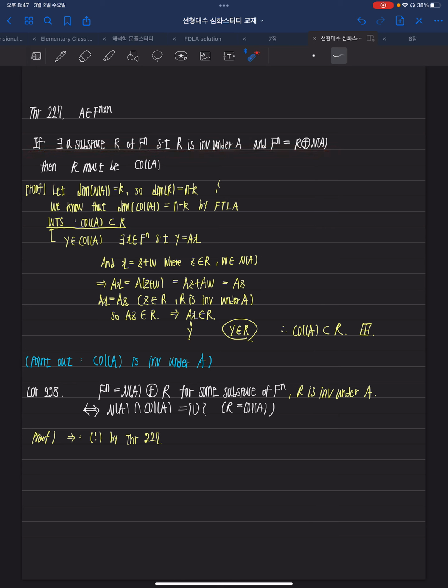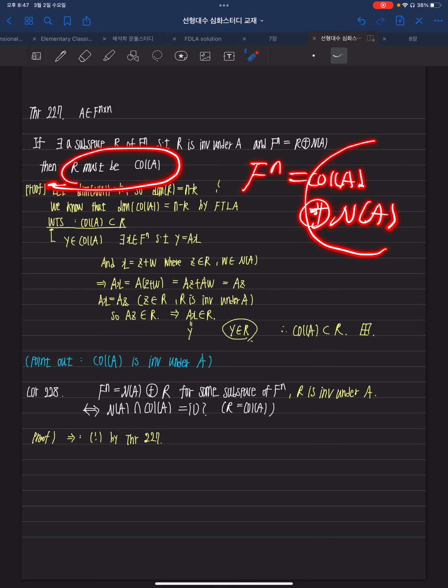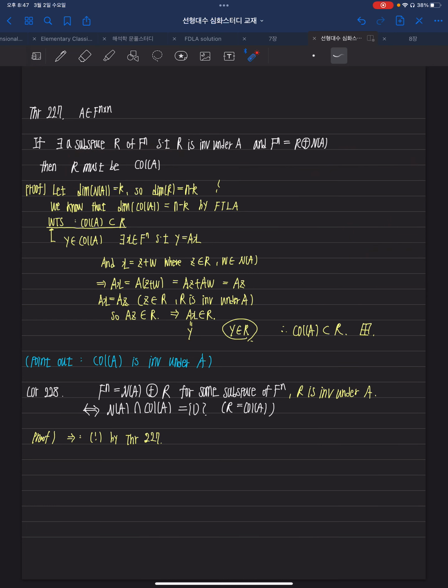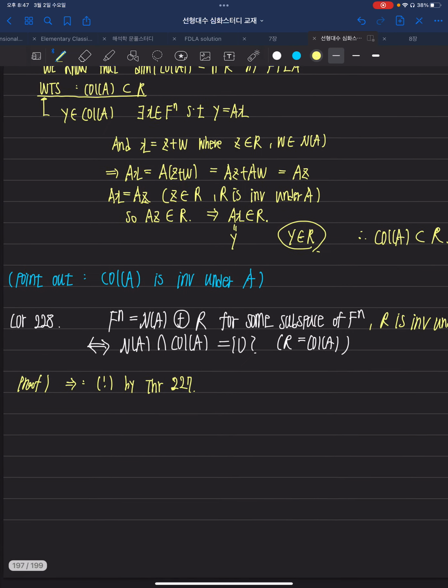Then R must be col(A), so F^n is the direct sum of col(A) and N(A). This means that the intersection of col(A) and N(A) is the zero space. So obvious.